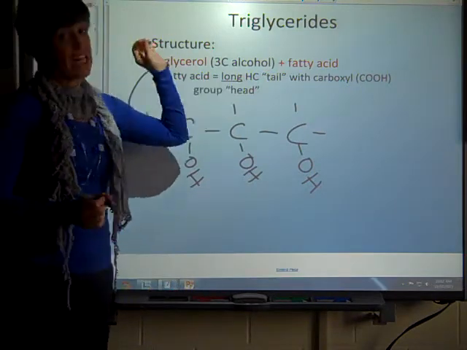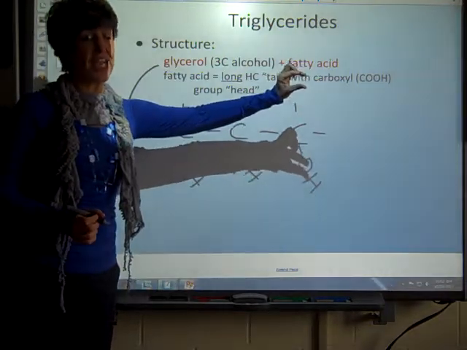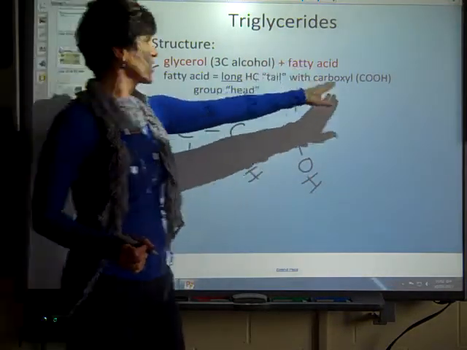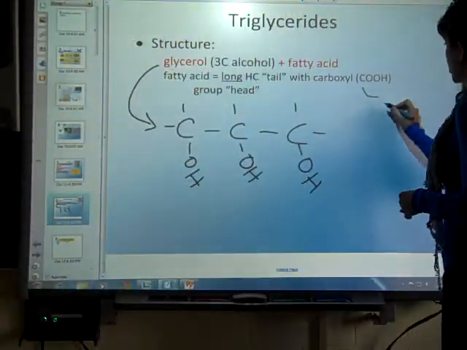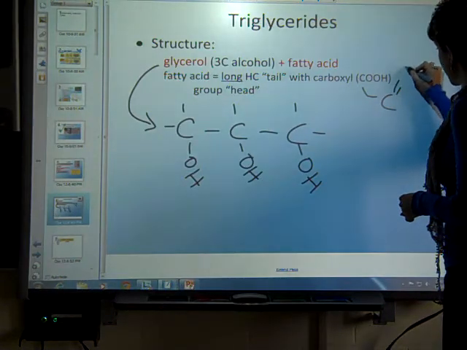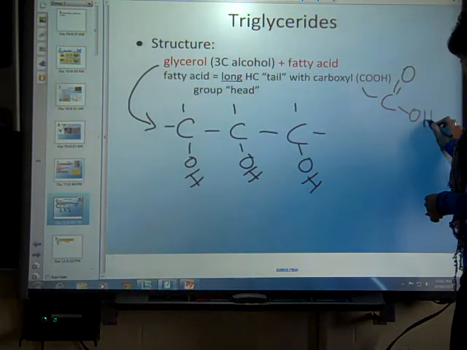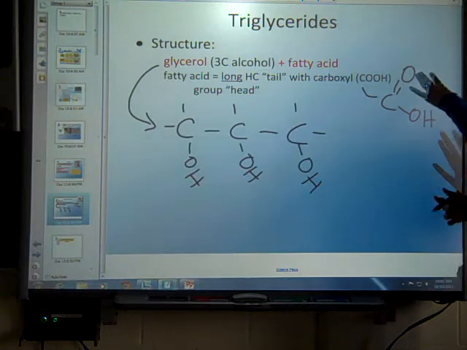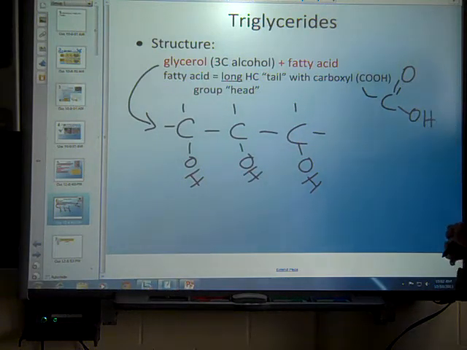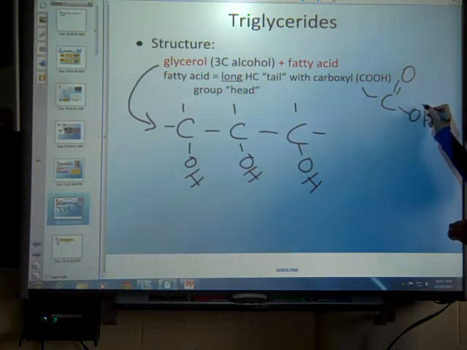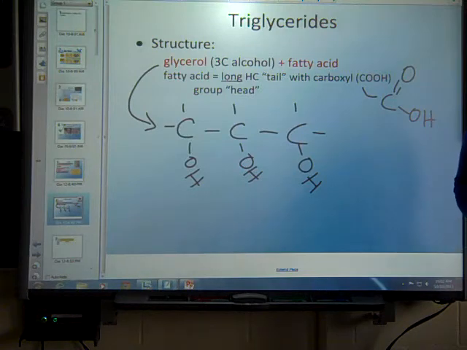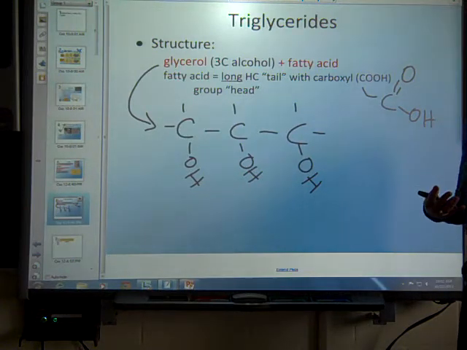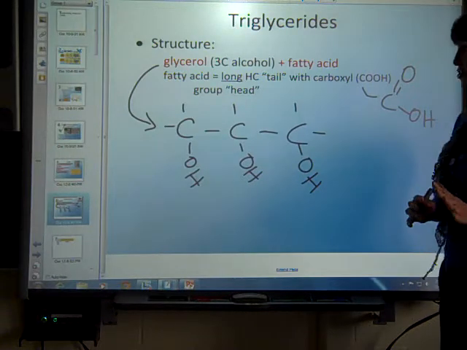A fatty acid is a long hydrocarbon chain that at the end has a carboxyl group. And remember, a carboxyl group looks like this, a double bonded O and an OH. It's considered an acid because it will drop that hydrogen, be negative itself, and if you add hydrogen to a solution, you are acting as an acid because you are increasing the hydrogen ion concentration.